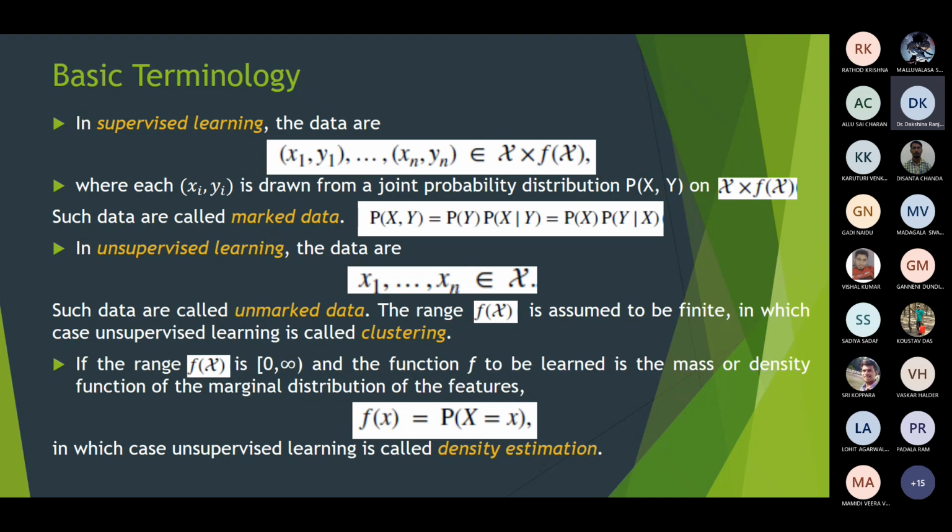That is why x1 to xn that belong to the feature space x are called unmarked data. And here the range f of x is assumed to be finite, in which case unsupervised learning is called clustering. That means if the learning is unsupervised and the range f of x is found to be finite, then the unsupervised learning strategy is called clustering.